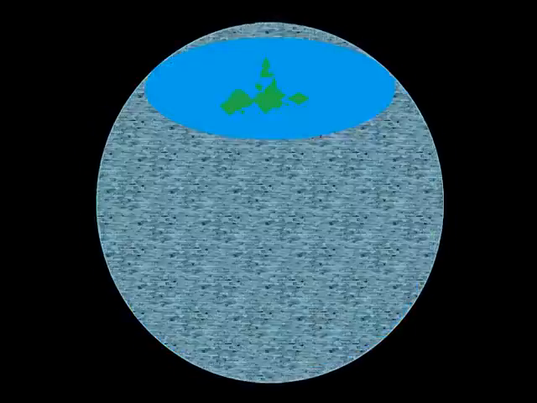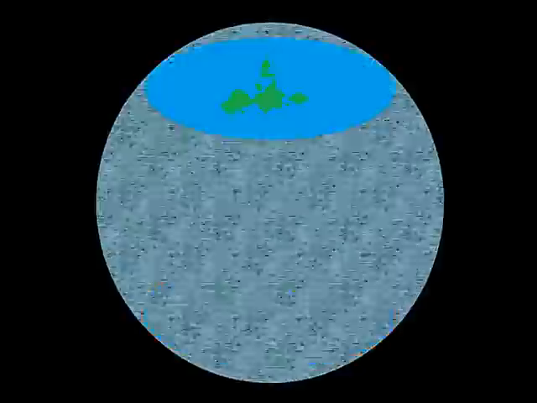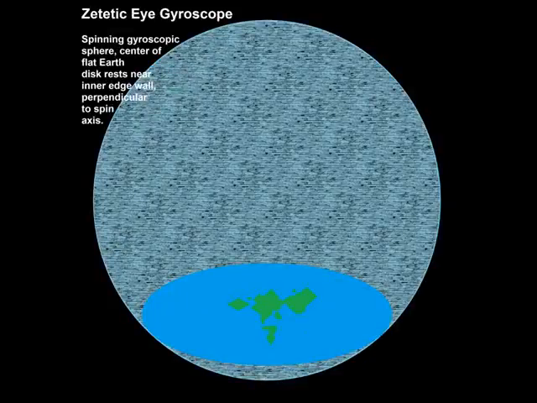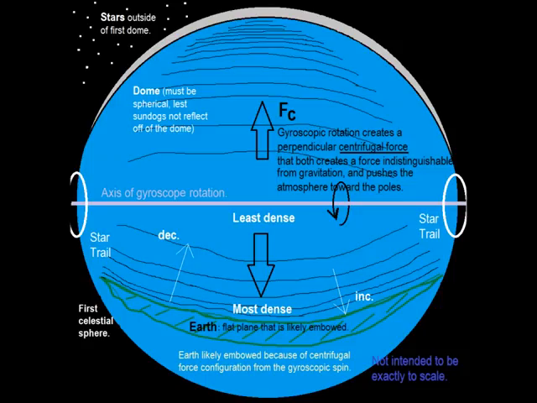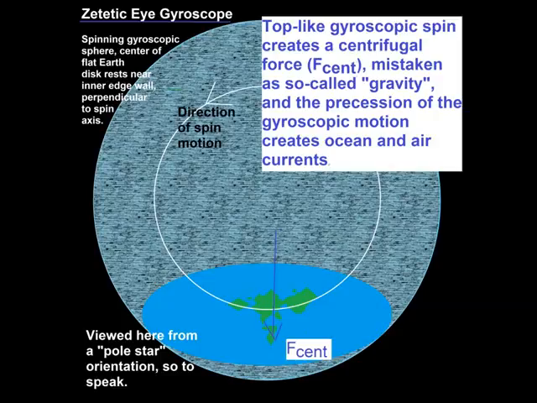The Zetetic Eye model consists of a sphere that is orbiting in a gyroscopic fashion, where the Earth is some sort of flat disk along the equator of that precessing gyroscope, where the center of the Earth appears to be right on the equator. Why would one believe this model?